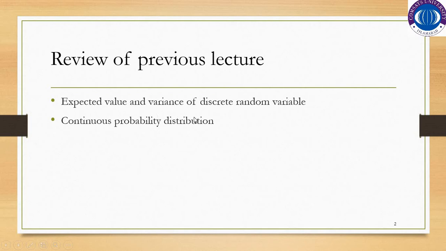Let me remind you that we have two types of random variable, discrete and continuous. Discrete is the variable which we can count, it is countable, whereas continuous is the random variable which we can measure in a given or a certain interval.